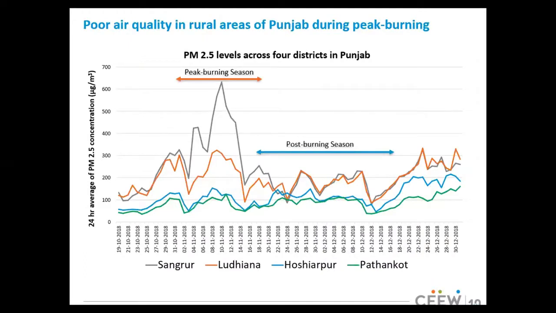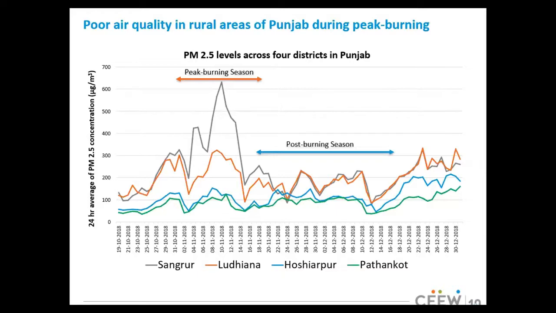Here we can see the PM 2.5 average measured across the 4 districts during paddy burning season in 2018. As you can see from the figure, during peak burning season, PM 2.5 levels are crossing the national air quality standards, which is 60 micrograms per meter cube.